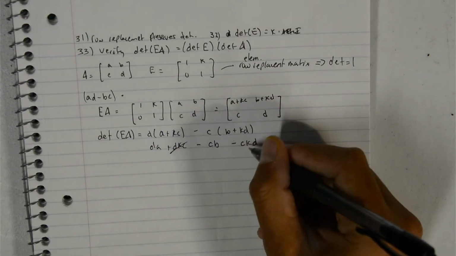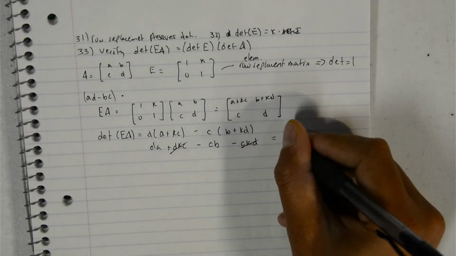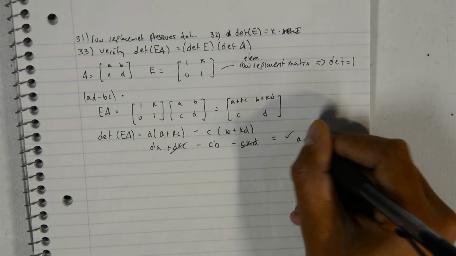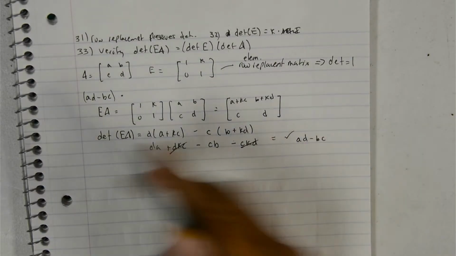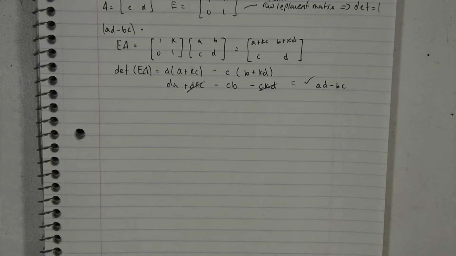So this cancels and this cancels. All right, so we verified it. This is AD minus BC. So it preserved it. So we're good there. All right, what's the next problem? 37.